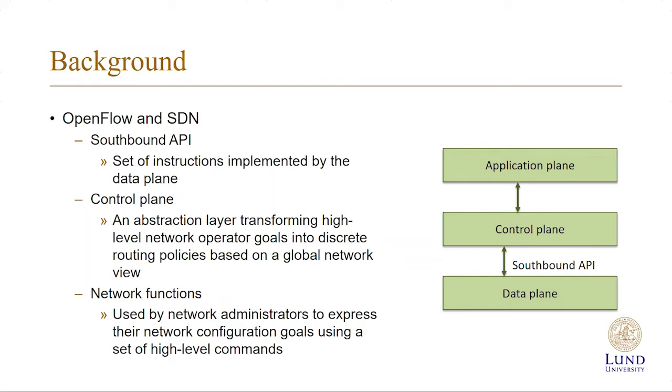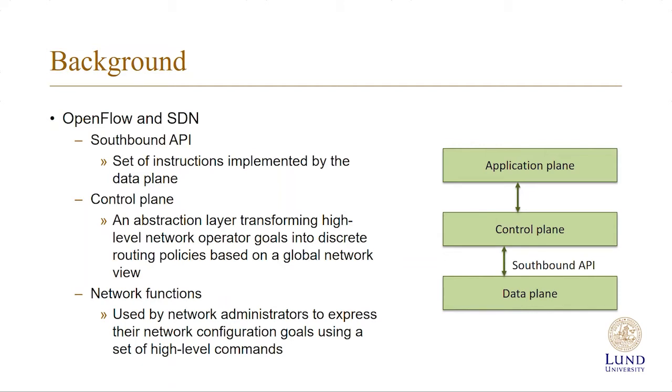The next one is the southbound API. It's a set of instructions implemented by the data plane, and it allows two-way communication between the data plane and control plane. The control plane is an abstraction layer transforming high-level network operator goals into discrete routing policies based on a global network view. The last component, which exists in the application plane, is network functions or applications.